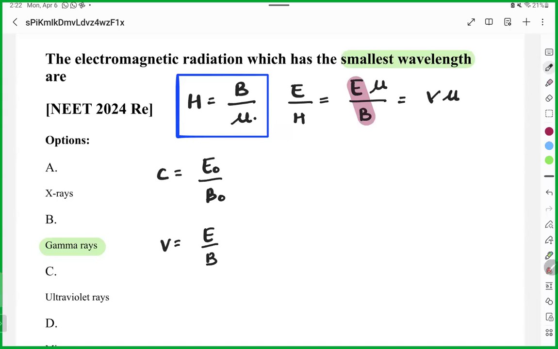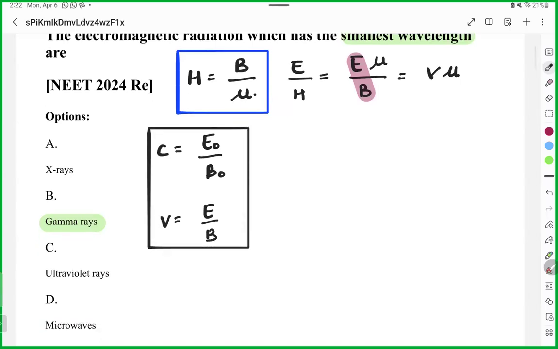Any doubt? No, sir. Same way how you calculated here, you can calculate here also: C is equal to 1 by root nu naught epsilon naught. Same way, V will be equal to 1 by root nu epsilon.